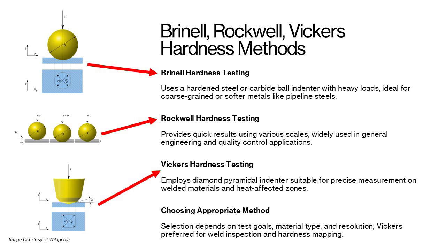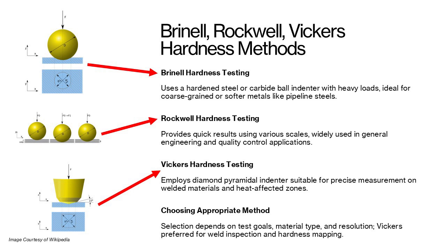For weld inspection, Vickers is often preferred to map hardness gradients and confirm compliance with limits for sour service or high-strength steel applications. Hardness results also help detect fabrication issues such as improper heat treatment, excessive work hardening, or undesirable microstructures. Understanding the strengths of each method enables inspectors to interpret results accurately and ensure that components meet required mechanical property thresholds.